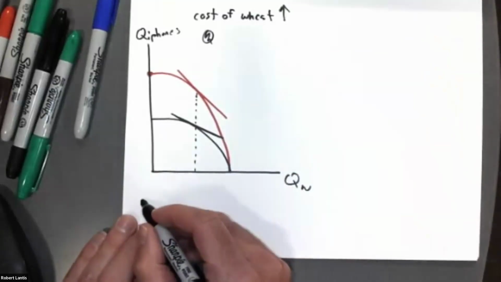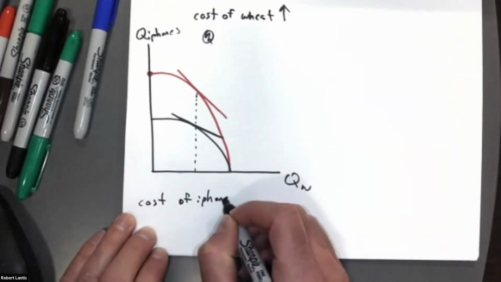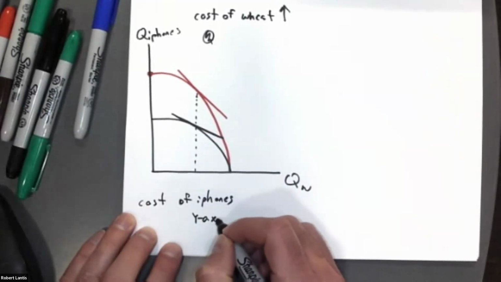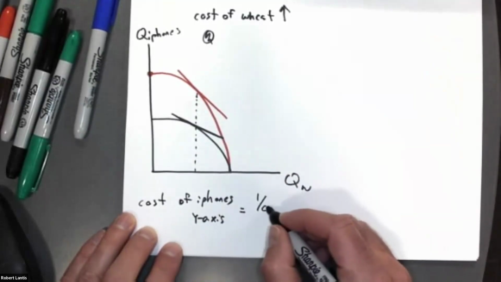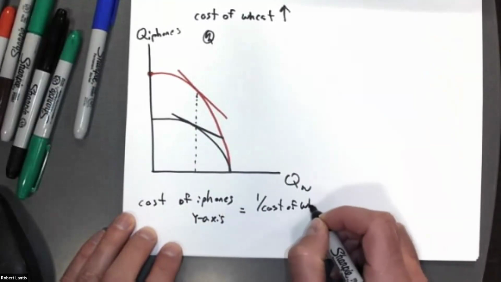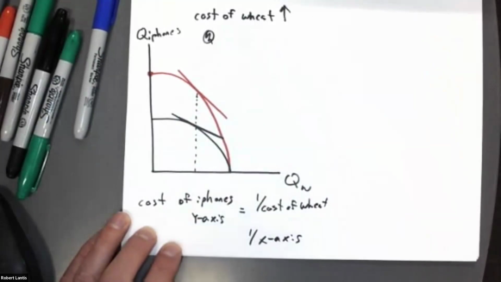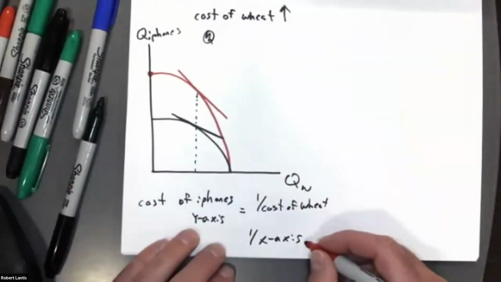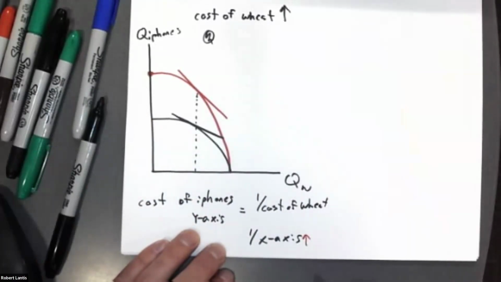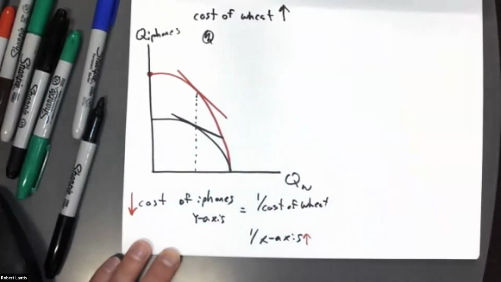But remember, how do we find the cost of our y-axis good? That would be equal to 1 over the cost of our x-axis good. So if the cost of the x-axis good is going up, 1 over that, a larger denominator, the cost of our y-axis good is actually going down.